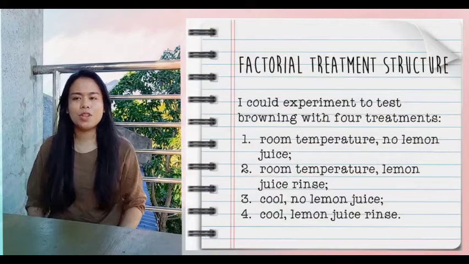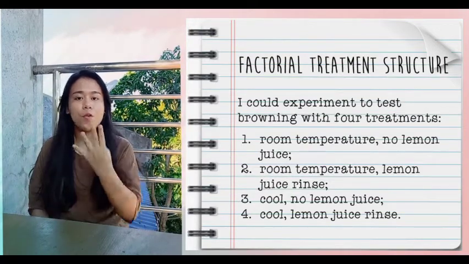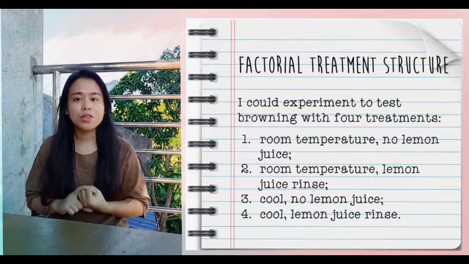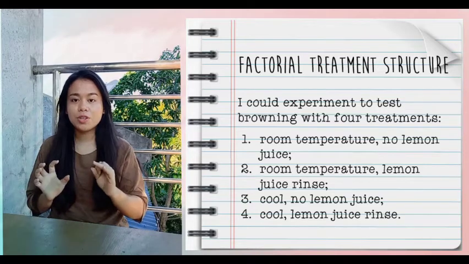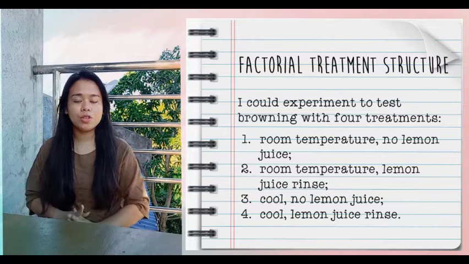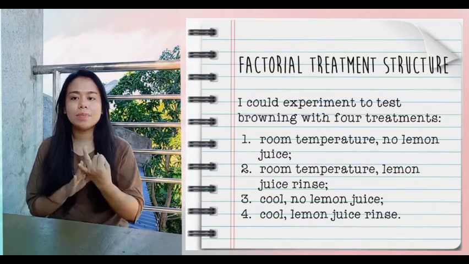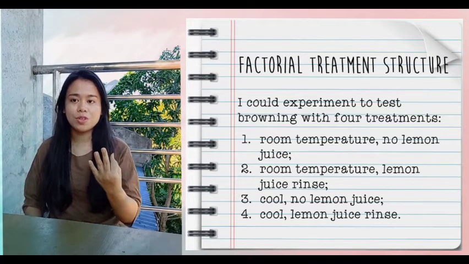In this situation, I could experiment to test browning with 4 treatments. Room temperature plus no lemon juice, so ang temperature is equal to room temperature pero no lemon juice. That is my first treatment. Then second treatment, room temperature with lemon juice.